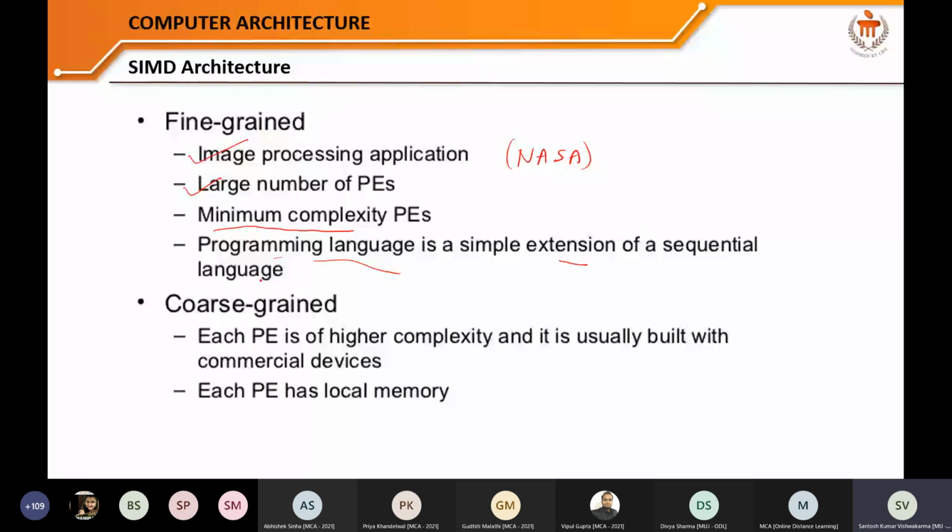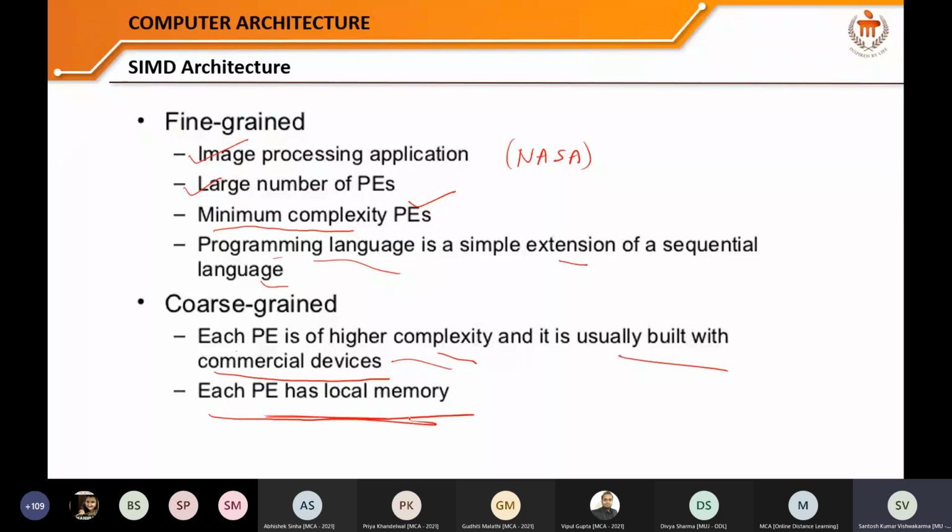Now in coarse-grained, each processing element is of higher complexity, and it is usually built with commercial devices. And the most important point is that each processing element has local memory in coarse-grained.